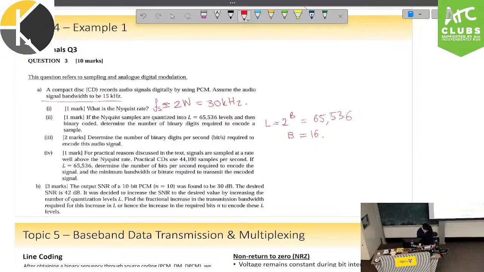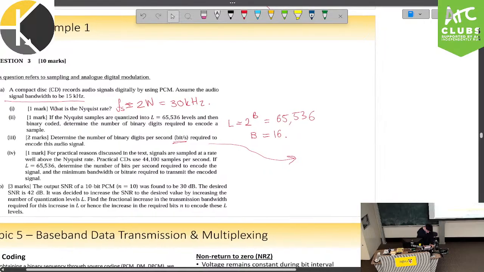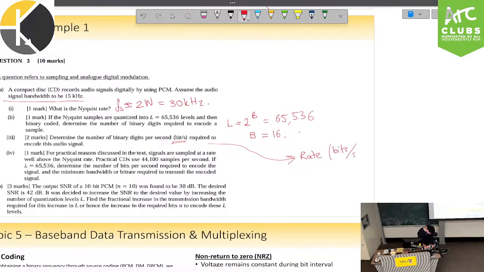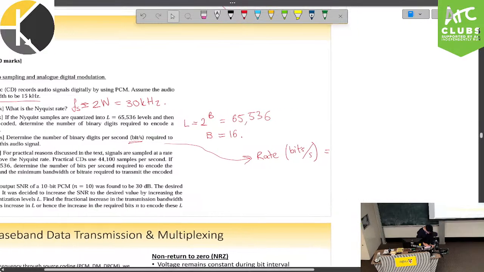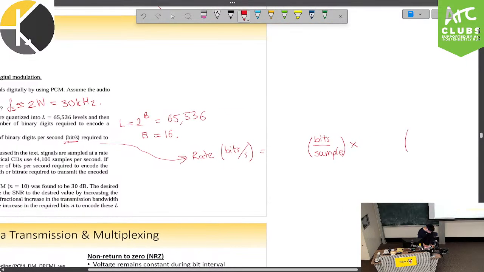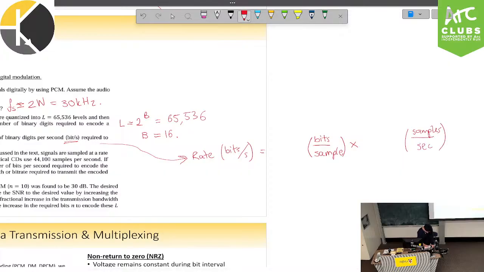Next, we want to determine the number of binary digits per second required to encode this audio signal. Whenever I'm given a rate, I usually like to write the units out. So for example, if I'm given a rate that I need to be in bits per second, then I might want to find something which is in units of bits per sample, and then multiply that by something with units of samples per second, so that these samples cancel out.